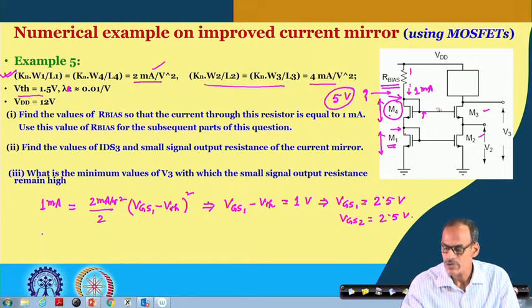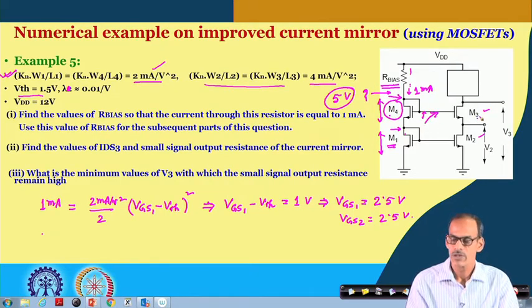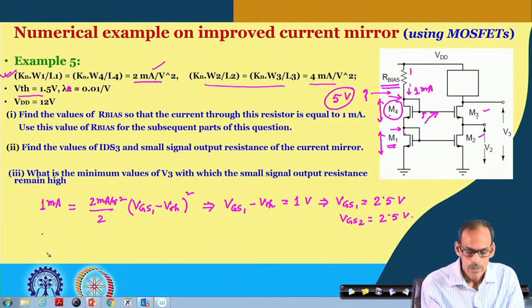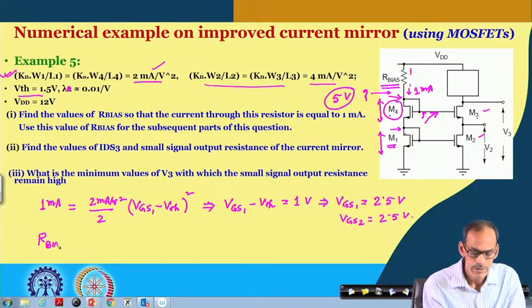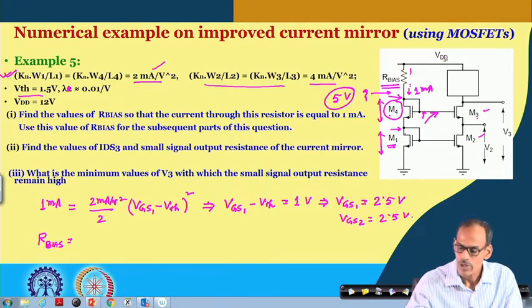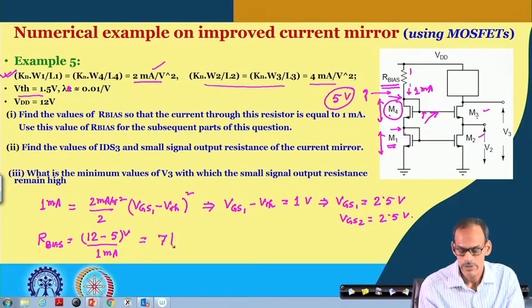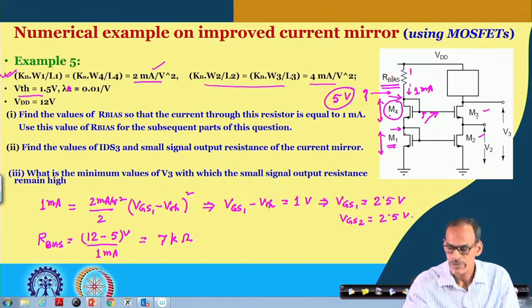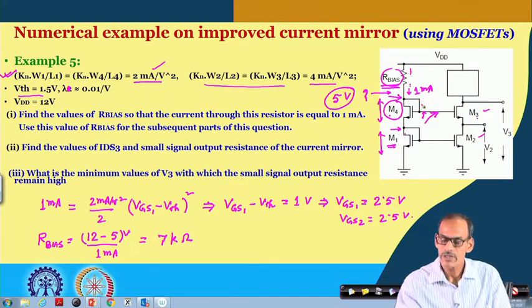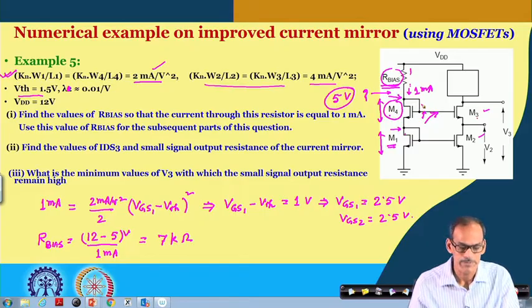In fact, this 5 volt is nicely generated for making a suitable bias for transistor 3. And R bias equals 12 volt here minus 5 volt divided by 1 milliampere current, right. So, that is giving us 7 kilo ohm. So, that is how we can set this resistor, so that the current here in the left branch is 1 milliampere.